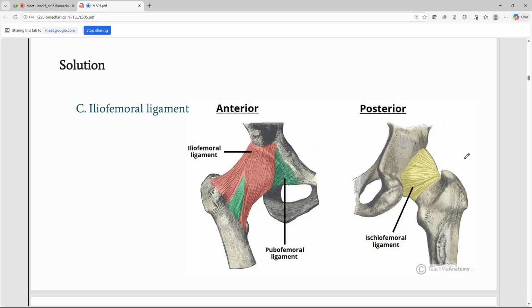This is the iliofemoral ligament. Here is the hip bone and femur. This iliofemoral ligament prevents the hyperextension of the hip joint.